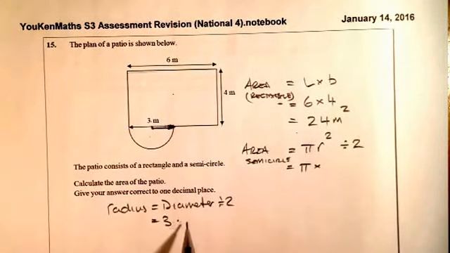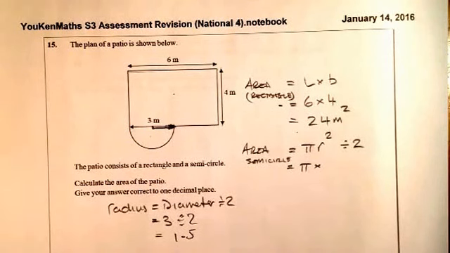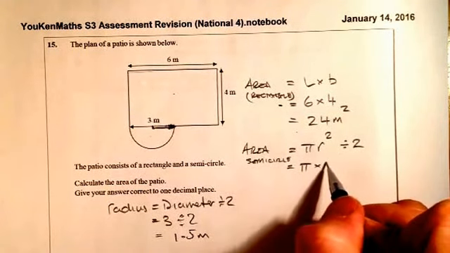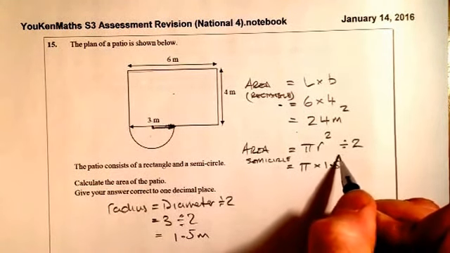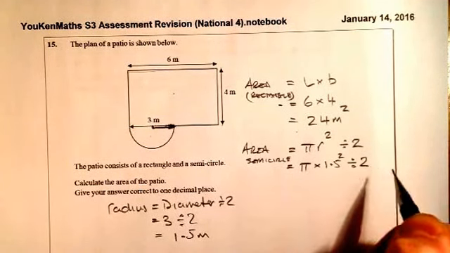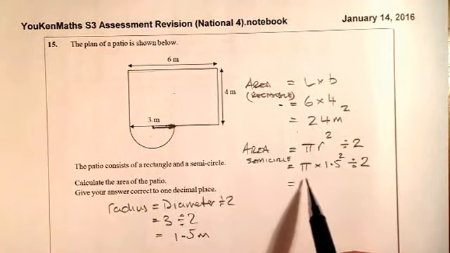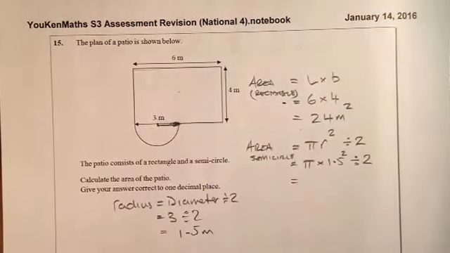So 3 divided by 2 gives me 1.5. If I can't do that in my head, I've got a calculator, so I can work that out. So I've got 1.5 that's going to go here, I'm going to square that, and then divide that by 2. So all I need to do now is enter that into the calculator.